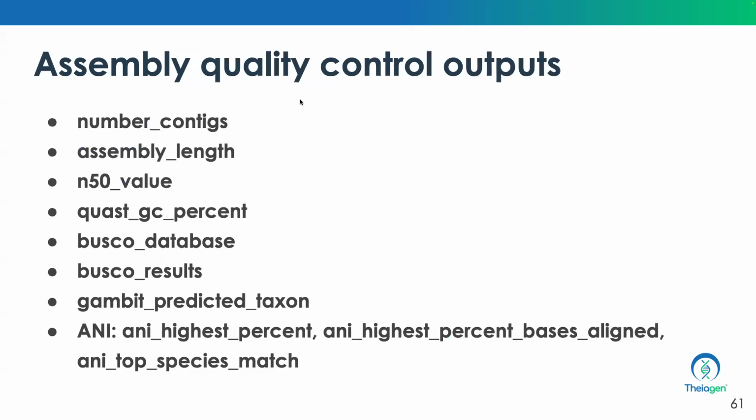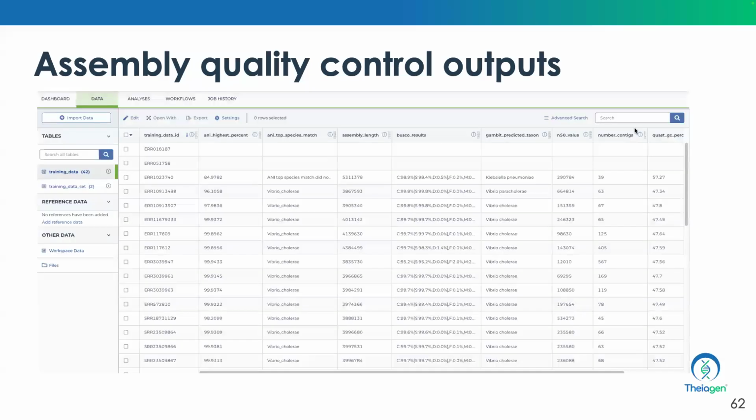So for this assembly quality control outputs, we expect to look at these outputs: number of contigs, the assembly length, the N50, the GC percentage, the BUSCO results, the Gambit predicted taxon, and if you activated it, the taxon that has the highest percent identity and what that percent identity is. Again, this is just looking at Terra and what those columns are.